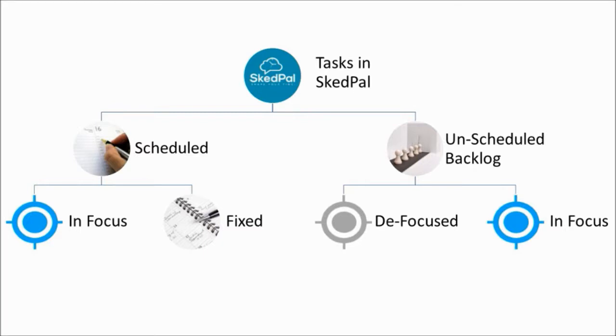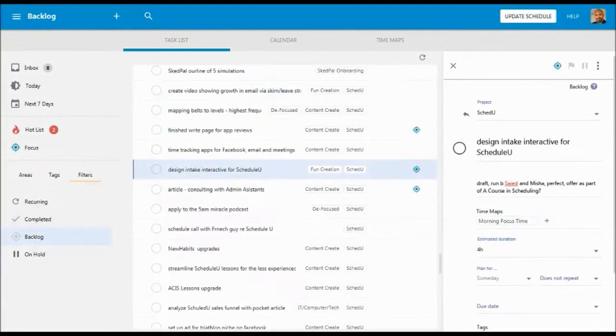Okay, so your unscheduled backlog is made up of these defocused items, which are the majority, and in my case, I have a very small handful, 3 or 4 in focus items. And what's very different about this particular iteration, 2.6, is that now you can actually see what's in the backlog for the very first time, separated.